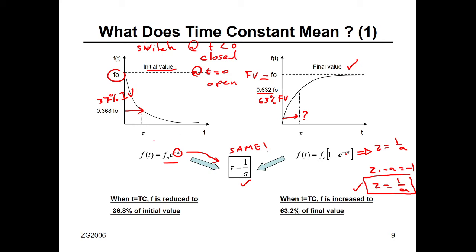So tau here is the same as tau here, okay? They are the same, but the meaning is different. Here, for the final value problem, tau is the time it takes to reach 63% of the final value. Here for initial value, it is the time it takes to reach 37% of the initial value.